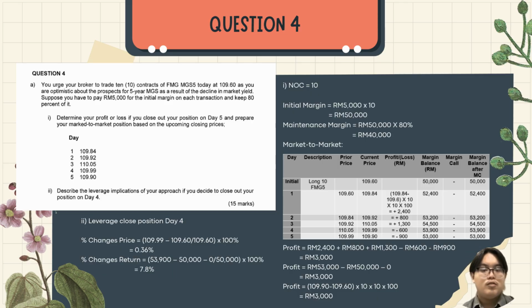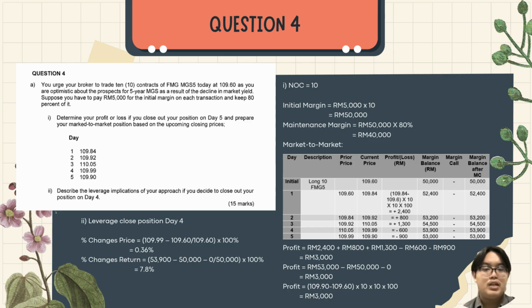Now, for Roman 2, we need to describe the leverage implication if the investor closes the position on day 4. On day 4, the future price is 109.99. The price has increased from the original price of 109.60. The percentage change in price is 0.36%.